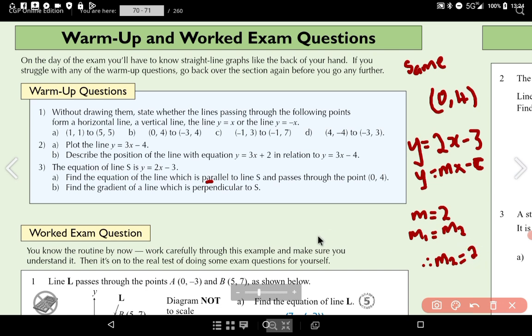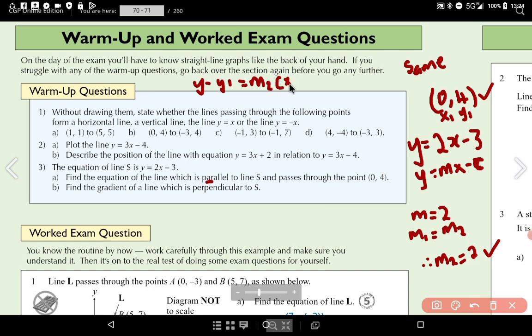Okay, very simple. Now to find the equation, since we have the gradient and we have this point, this is going to be x1, y1. There is this formula: y minus y1 is equal to the gradient times x minus x1. Here we are going to use gradient 2.